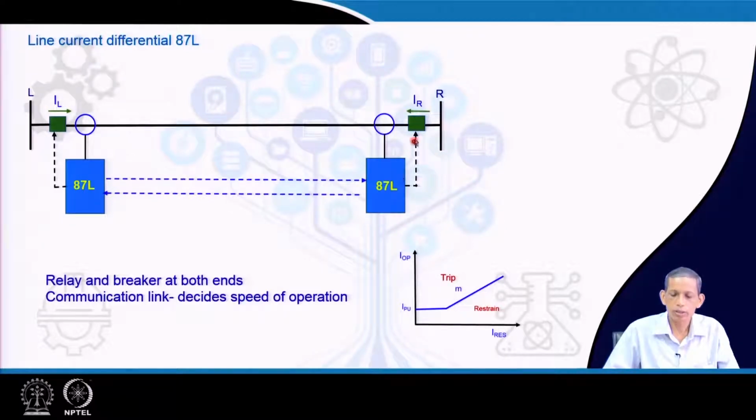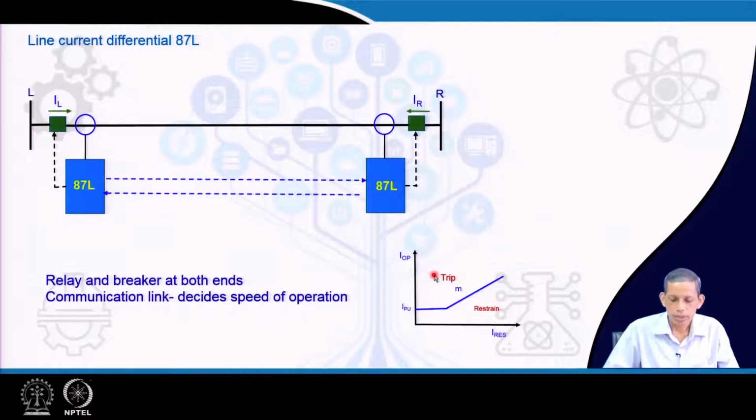In addition, because they are remotely placed, we require a differential relay individually at these two locations. As compared to a transformer, note that in a transformer we require essentially one relay, and if it is an interconnected system, breakers from both the ends, and if it is a radial system, a breaker at one end only. In this case, because they are far apart, we require another relay for this breaker also.